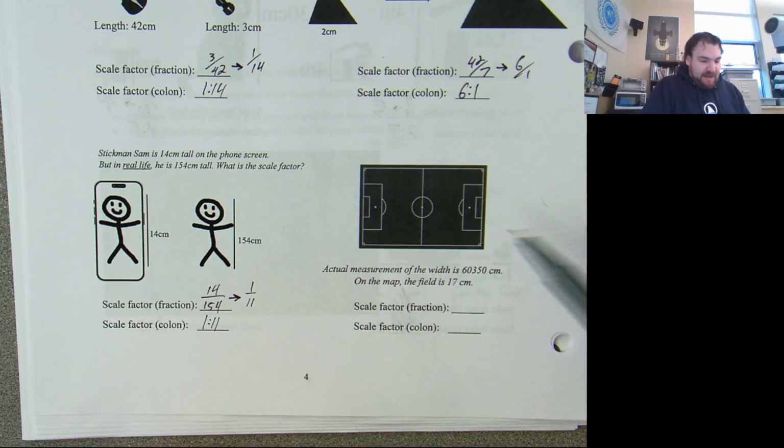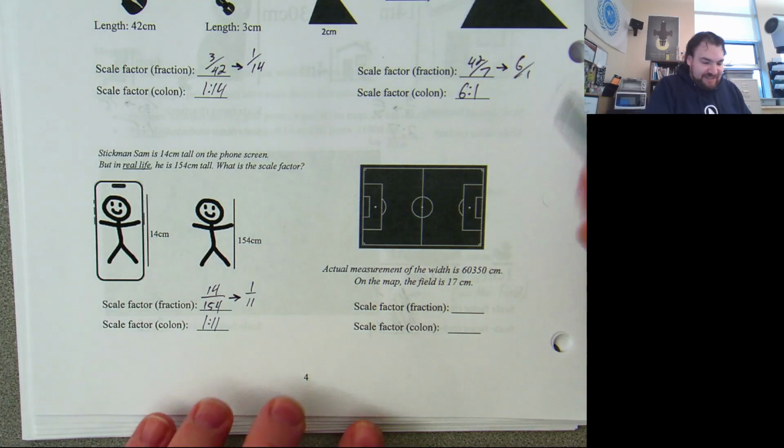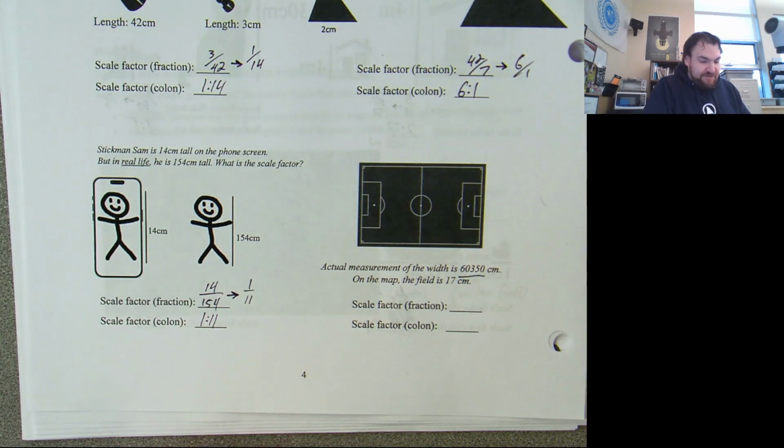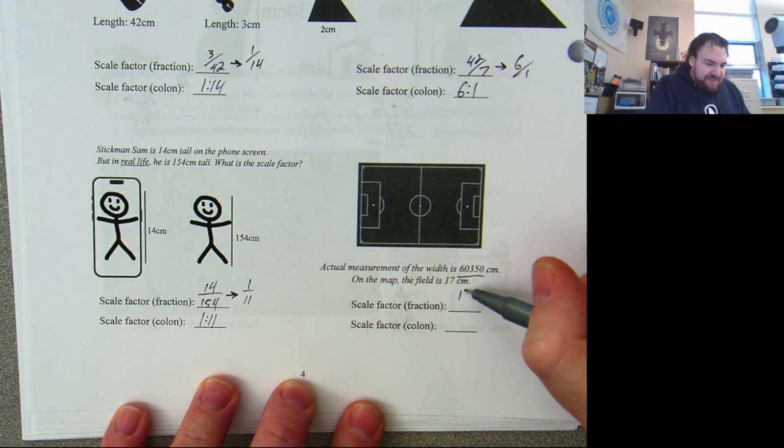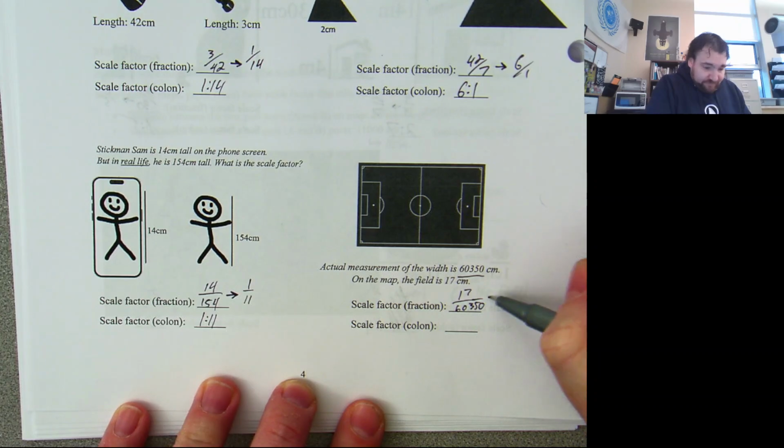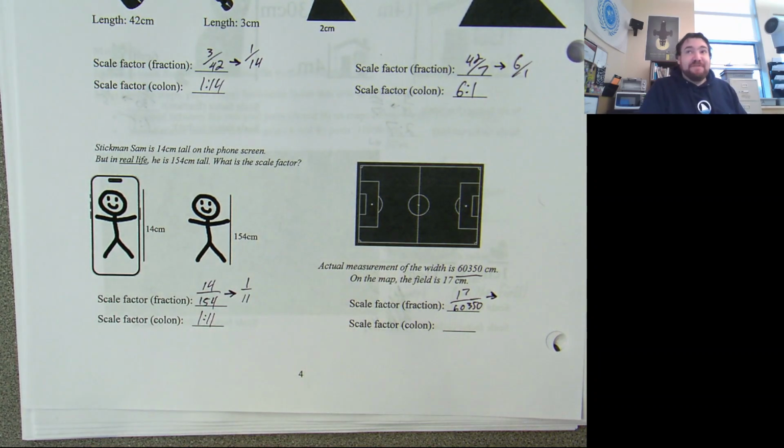And then there's a soccer pitch. The actual measurement of the width is 60,350 centimeters. On the map, the field is 17 centimeters. So it's always diagram over actual. Believe it or not, both of those are divisible by 17.